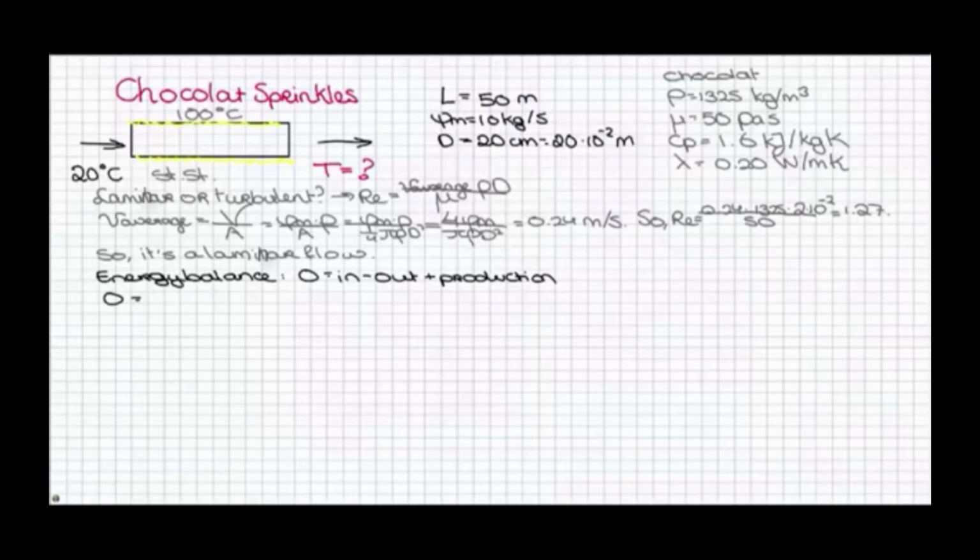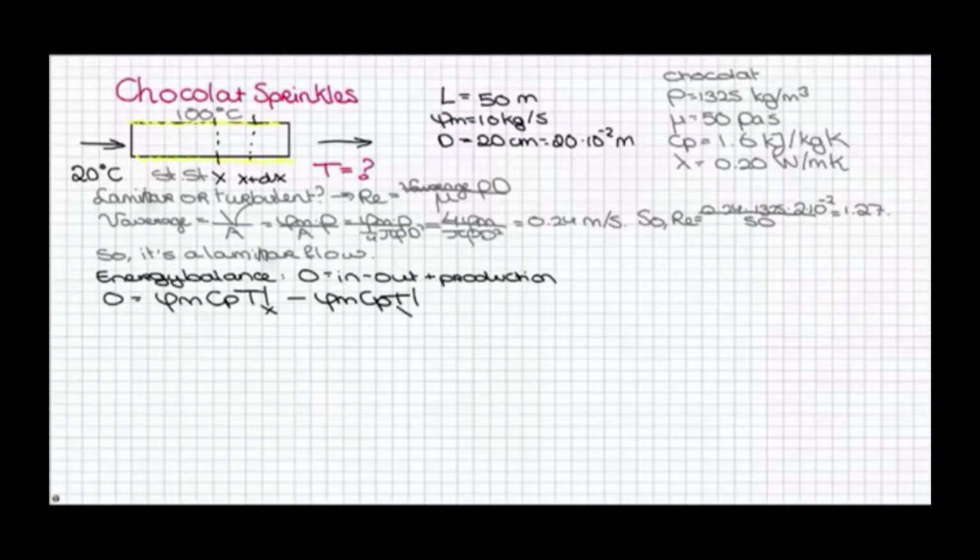The inflow is just the internal heat of the chocolate that enters the tube at point x. And the outflow, the internal heat of the chocolate that leaves the tube at point x plus dx, which you can describe with the temperature times the specific heat times the mass flow.